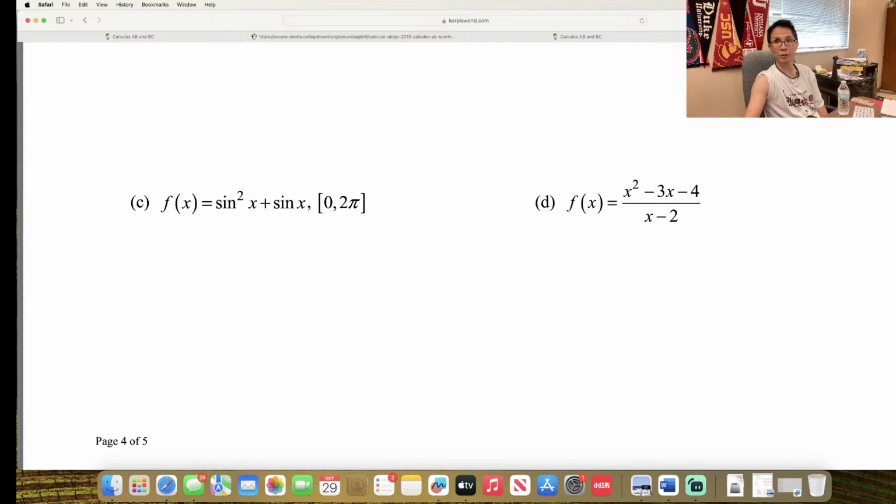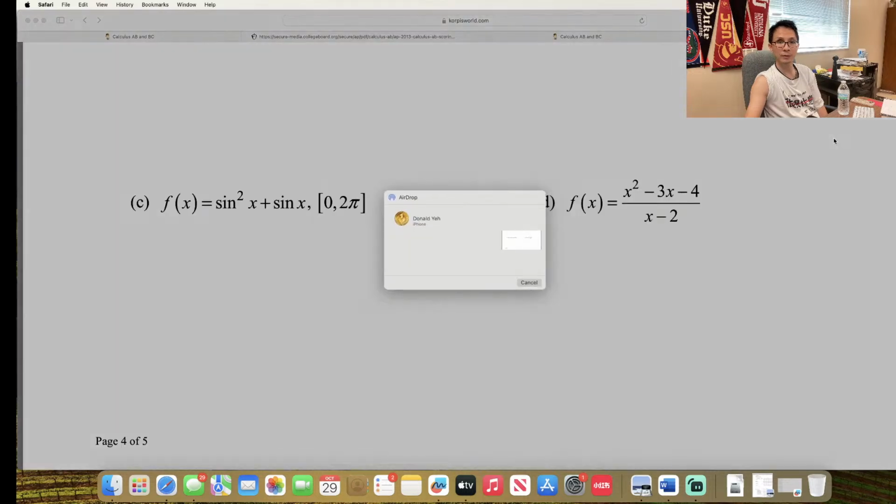All right, I'm going to airdrop the homework. First 4 pages. Yeah, that's multiple choice, so the problems are really big. Don't worry. It's not as many problems as you think. It's probably 15 problems or 12 problems.